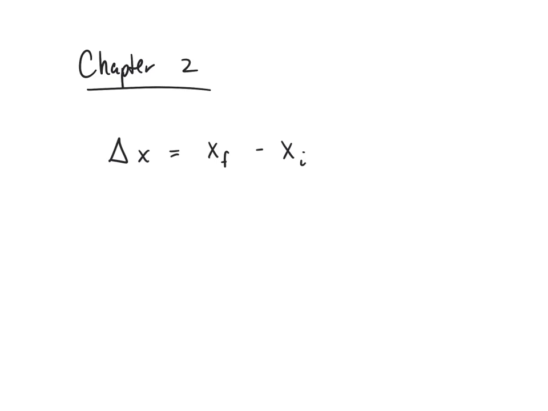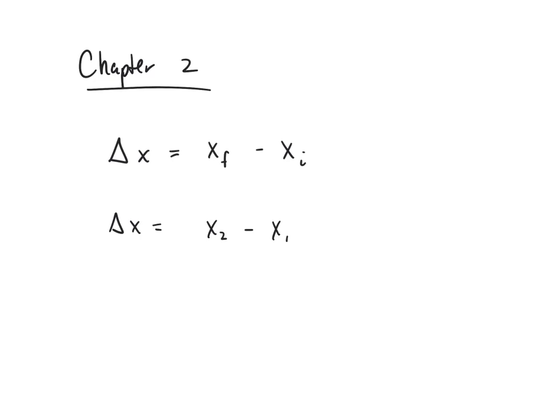Now, your textbook doesn't use i and f. The nomenclature it's going to use is just 1 and 2, or simply putting delta and not using i and f. So it's the same thing as this: x2 minus x1. But in physics, we talk about the final minus the initial.